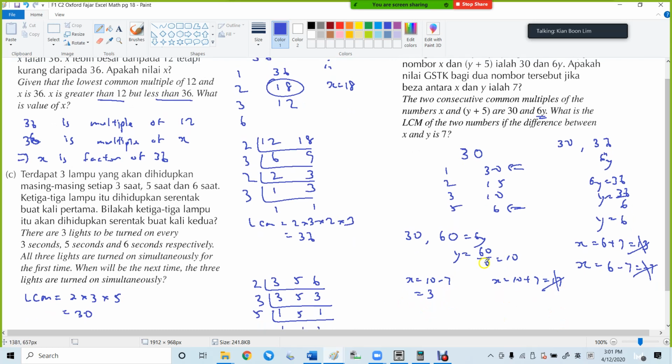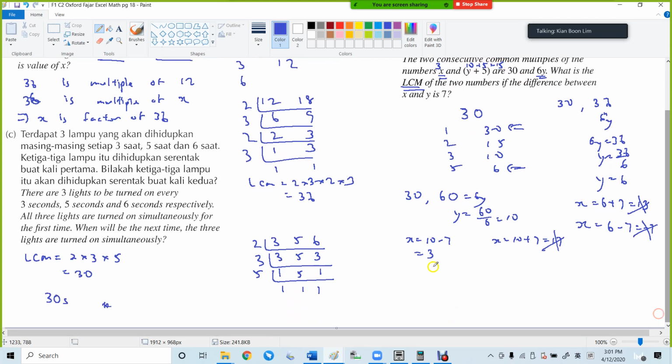So I have x is 3 and y is 10, and they want to find the LCM of the two numbers. The two numbers are x, that is 3, and y plus 5, which is 10 plus 5, 15. So 3 and 15, we find the LCM of 3 and 15.